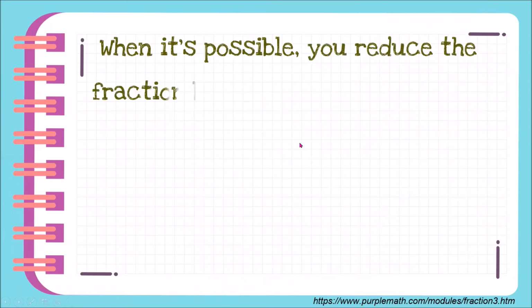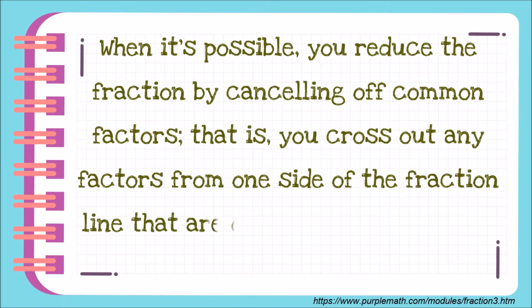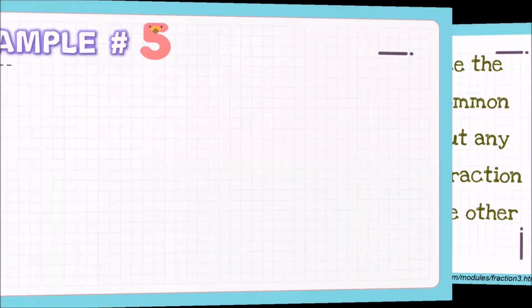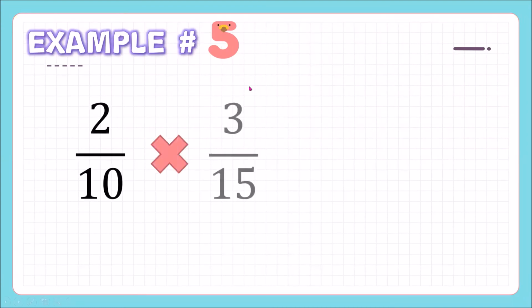So when it's possible, you reduce the fraction by cancelling of common factor. That is to cross out any factors from one side of the fraction line that are duplicated on the other side of the line. So we have example number 5. 2 over 10 times 3 over 15. In cancelling, we can cancel diagonally or vertically, but not horizontally.